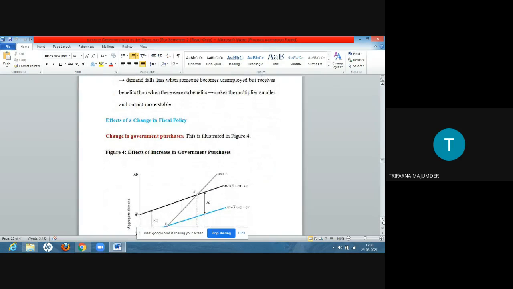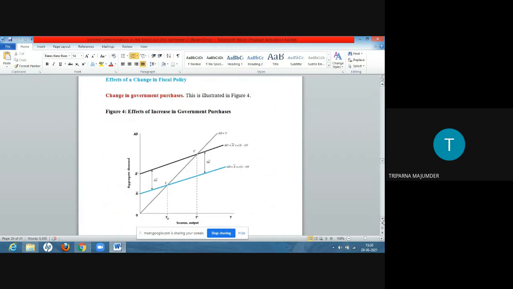Now we see the effects of a change in fiscal policy through an illustration. We have the same diagram, the same Keynesian cross-diagonal model. Here we have our autonomous expenditure as A bar, and this is our aggregate demand function, and aggregate demand cuts the 45-degree line at point E, giving us the equilibrium level of income OY0.